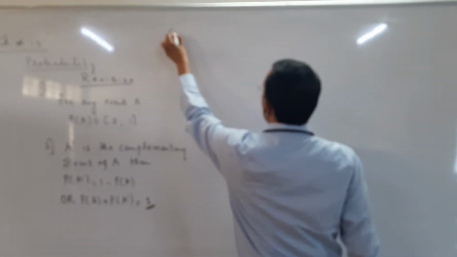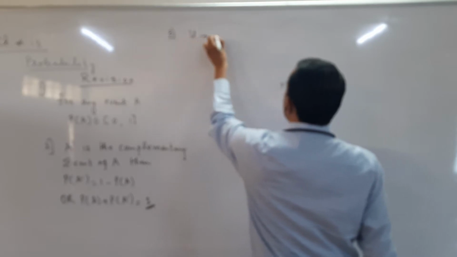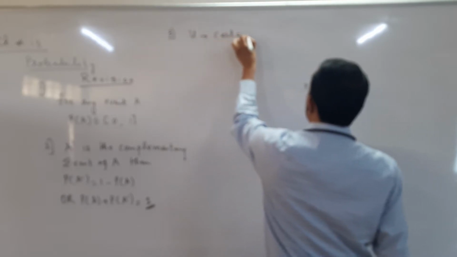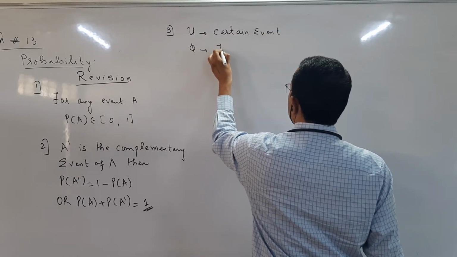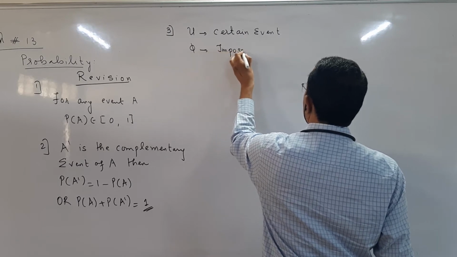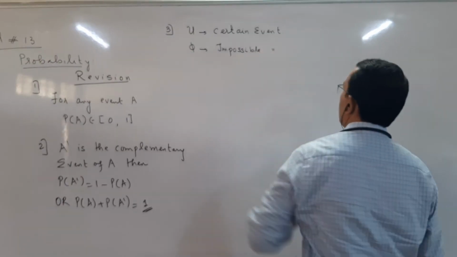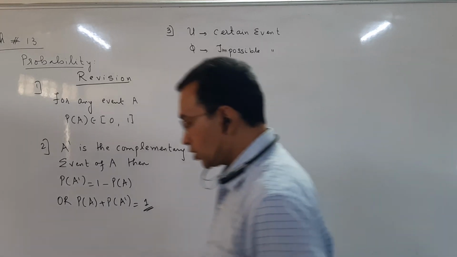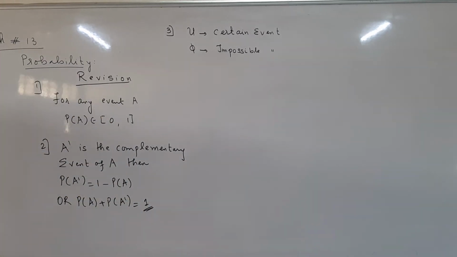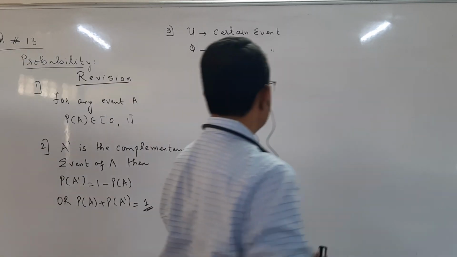Now the third formula: U is called certain event or sure event, and null set is called impossible event. The certain event or sure event, the event which is going to definitely occur in practice, is called certain event, and the event which is never going to occur in practice is called impossible event.